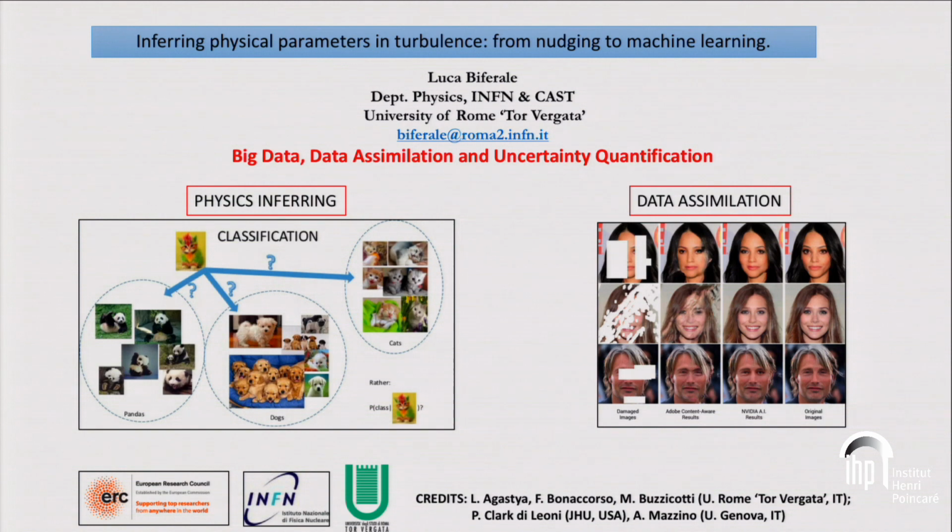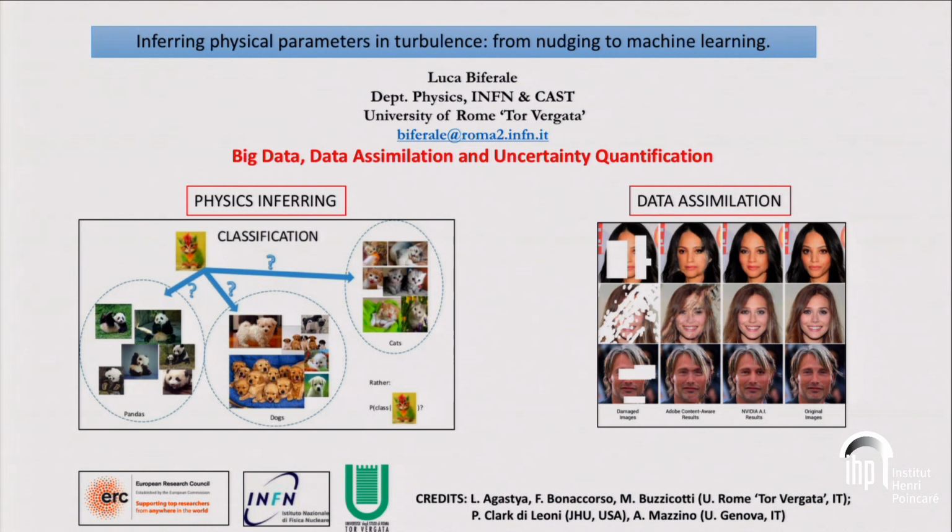Typically, we started recently to work on applications that are very common and very popular now in the artificial intelligence community. For instance, any problem concerning classification, I dubbed it physics inferring. That is, you have some sample of some field, in this case a cat, and you want to understand if this field belongs to different classes.